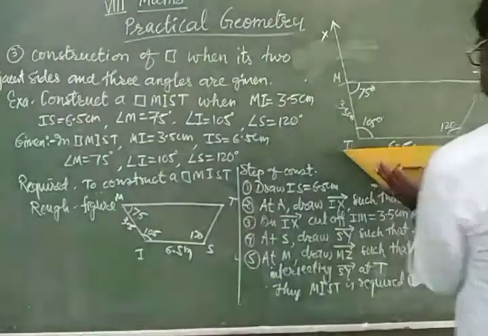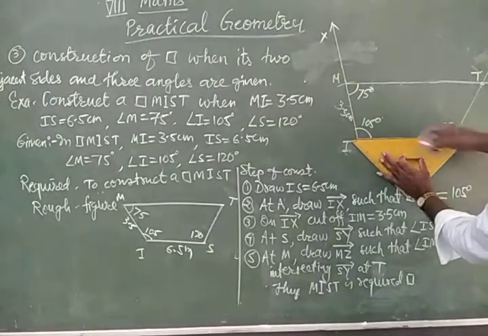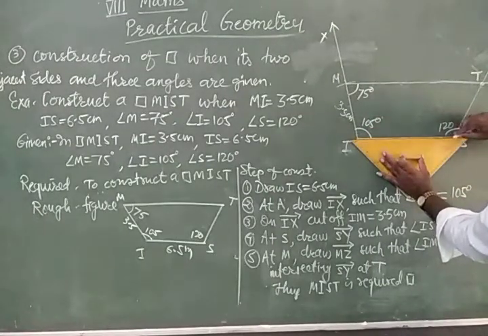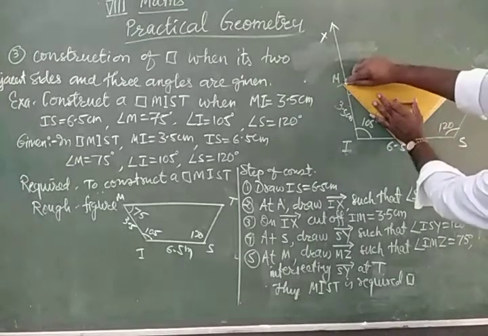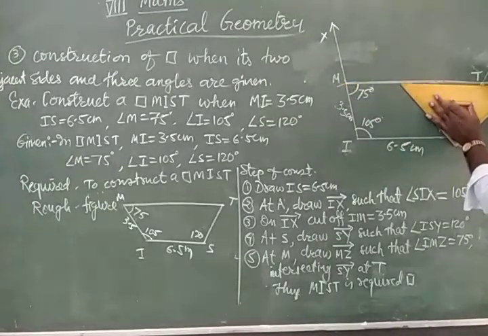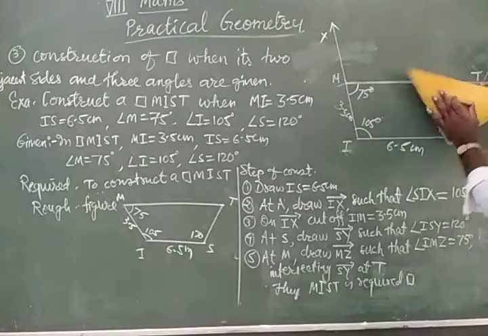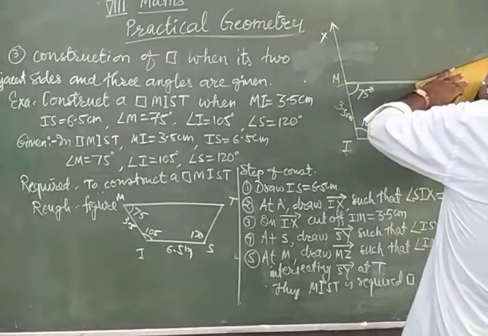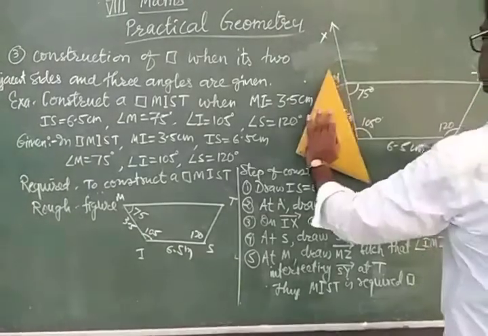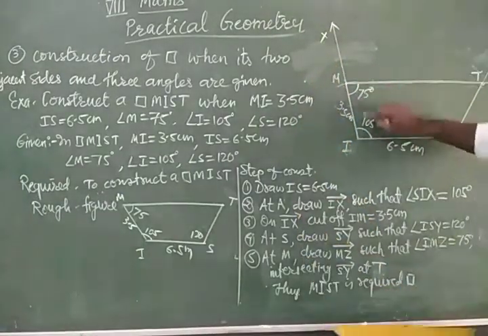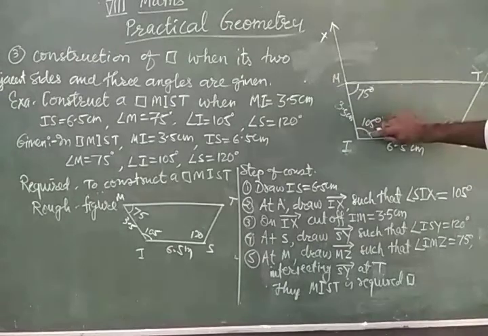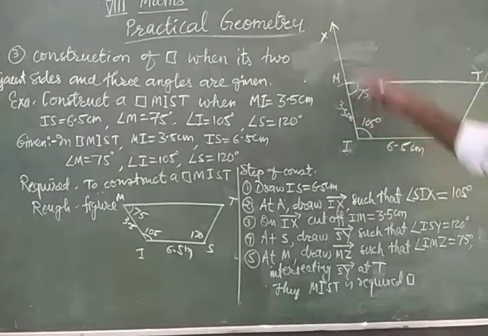Now, in this case, you will observe that this IS and this MT, these two sides will be parallel to each other. The reason for parallel is that these two are interior angles on the same side of the transversal.